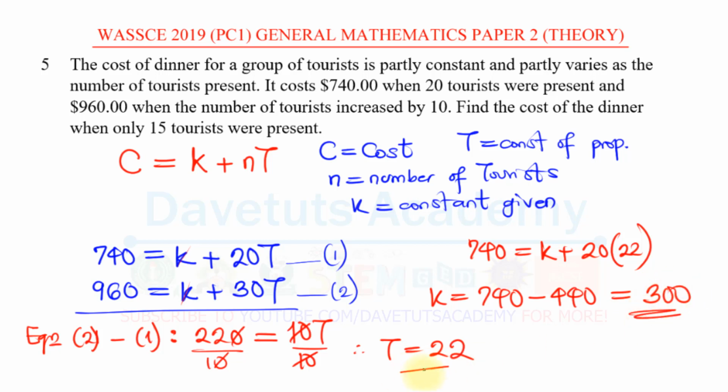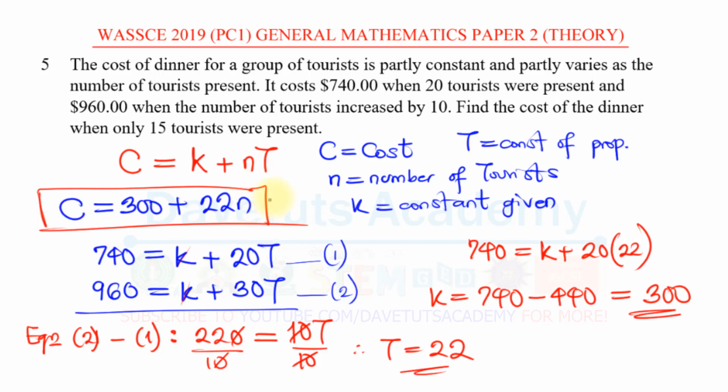So I have T, I have K, meaning that I can get my equation out to be that C is equal to, what is the K? 300 plus 22, because T is 22, and then N. So this is the equation that I can now use to solve for whatever number of tourists will now come around.